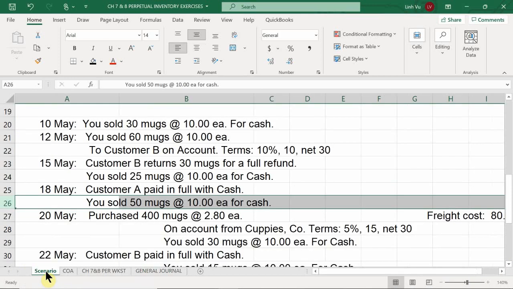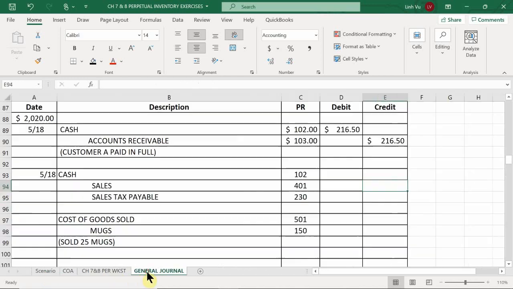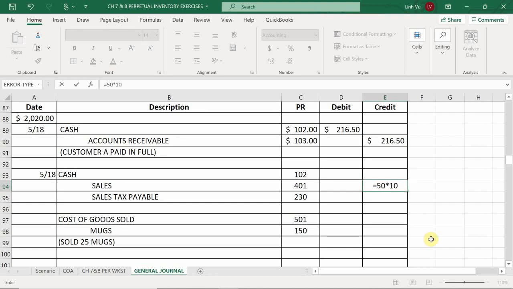If on May 18 we sold 50 mugs at $10 each, what is my total sales? $500. How much tax are we going to be collecting? 41.25. Good.